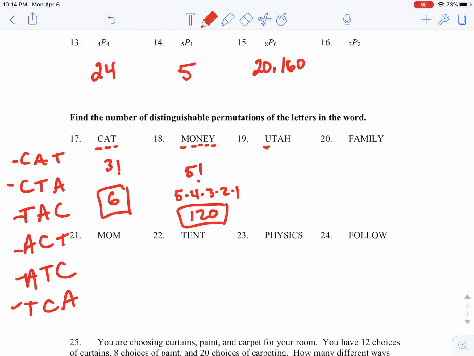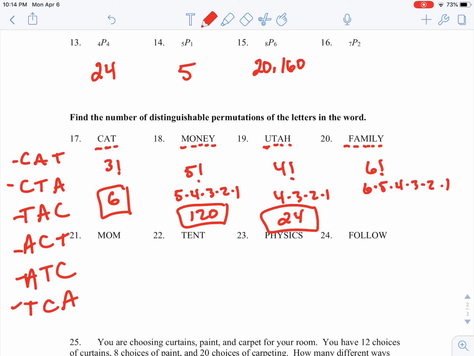Utah: 4 letters, 4 factorial. 4 times 3 times 2 times 1: 12, 24. Family: 1, 2, 3, 4, 5, 6, 6 factorial. 6 times 5 times 4 times 3 times 2 times 1: 30, 120, 360, 720.